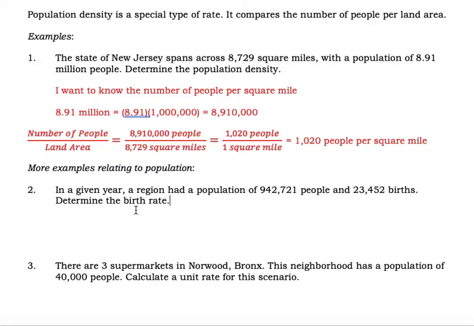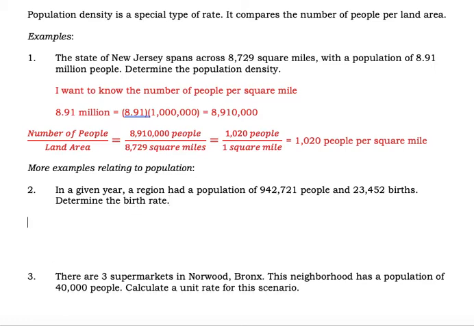First thing I have to ask myself is, what do I want my final answer to look like? Because if I know how I want my final answer to look, then I'll know what order I want to divide in. If you think about this, it would make sense if we knew the number of births per person.